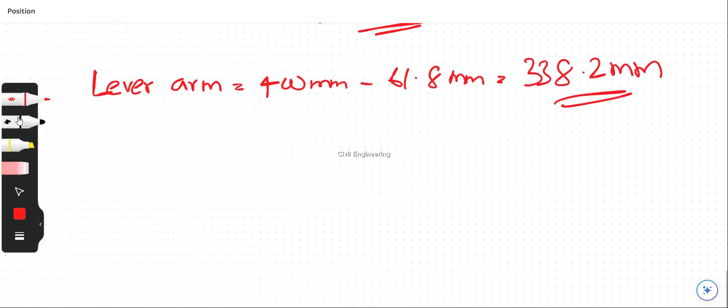Then it is very easy to find the carrying capacity or the moment capacity of the section.